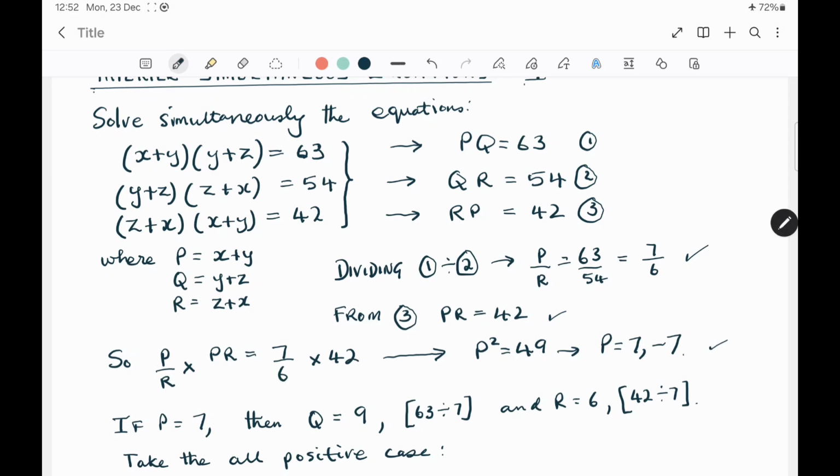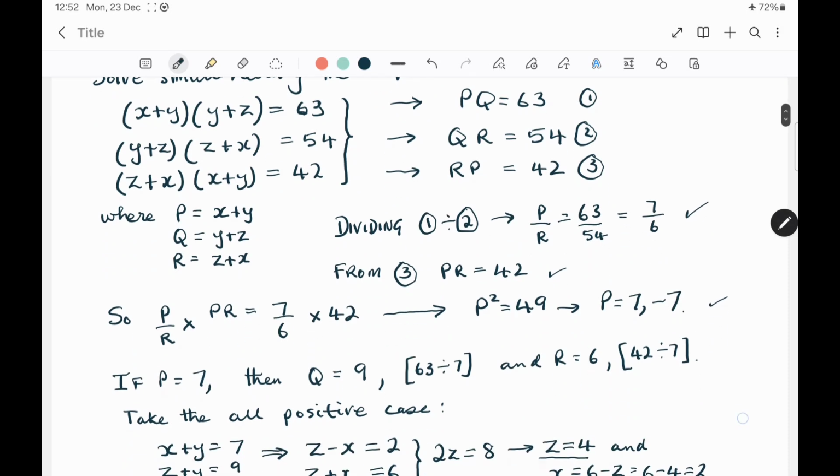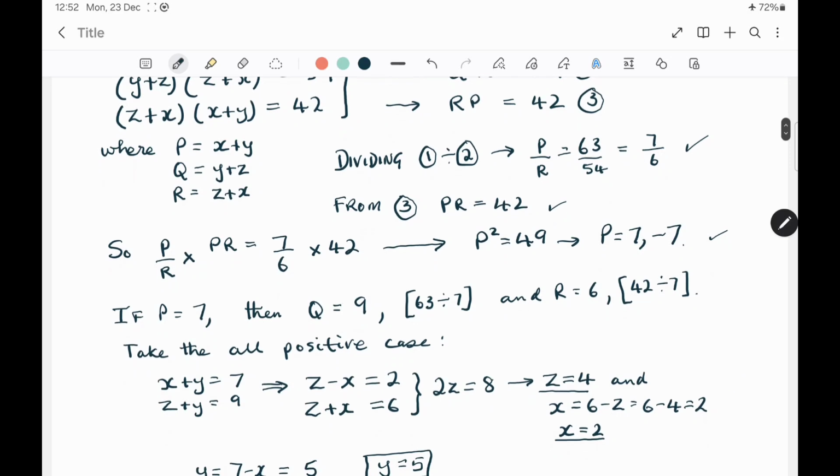Now, if P is 7, then Q is 9, because Q is equal to 63 divided by P, 63 divided by 7, and that is equal to 9. And in a similar way, R is equal to 6, because that is 42 divided by 7.